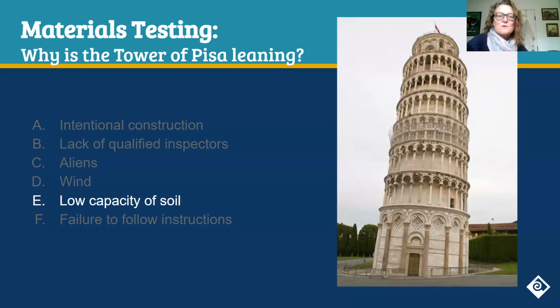And so if you have a soil that is really easily compacted and doesn't have a lot of capacity to have a load put on it, then you're going to have problems like the Leaning Tower of Pisa or other building collapse or slow subsidence problems.